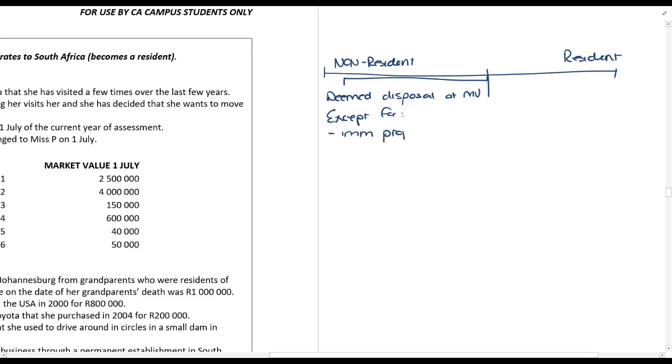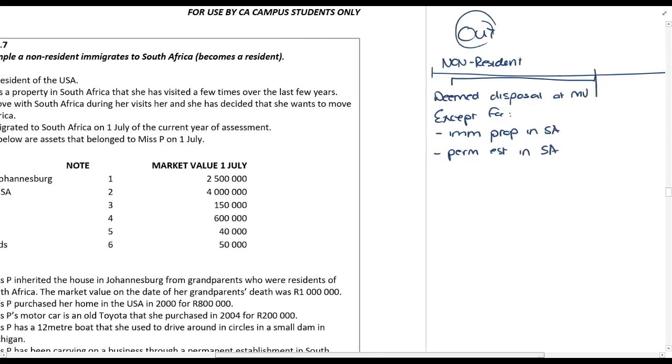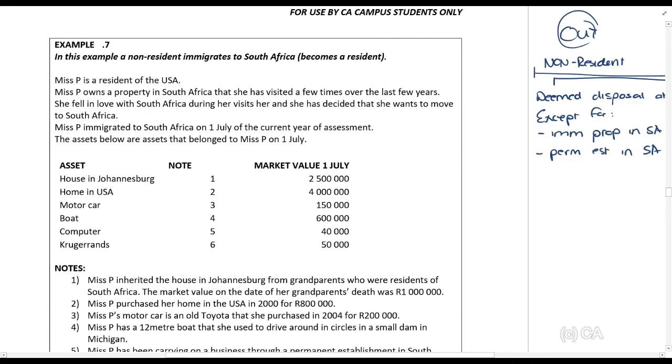Immovable property in South Africa and permanent establishment assets in South Africa, because those assets are already in the net, because a non-resident is mostly out of the net and a resident is in the net. So those assets are already in, or just excluded. Okay, so they give us the assets.